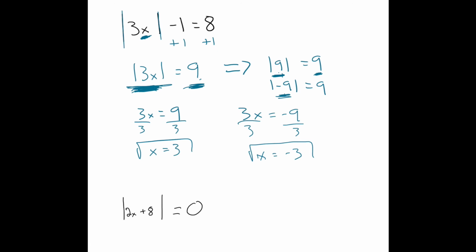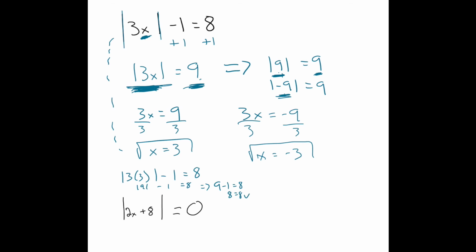Now if you wanted to check the problems, we're going to go ahead and plug that 3 in. So we're going to plug it into this, plug in our 3 and our negative 3. So we have the absolute value of 3x, this would be 3, minus 1 is equal to 8. So this is going to give us the absolute value of 9 minus 1 is equal to 8, which is going to give us 9 minus 1 equals 8. 8 equals 8.